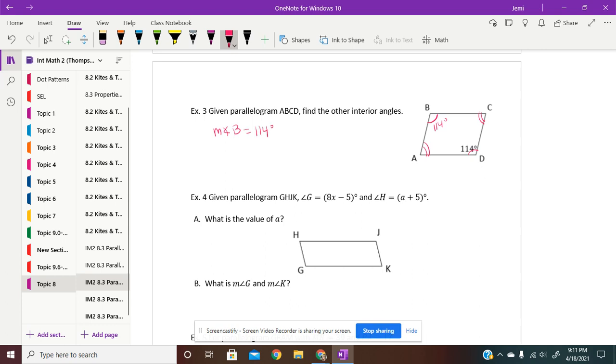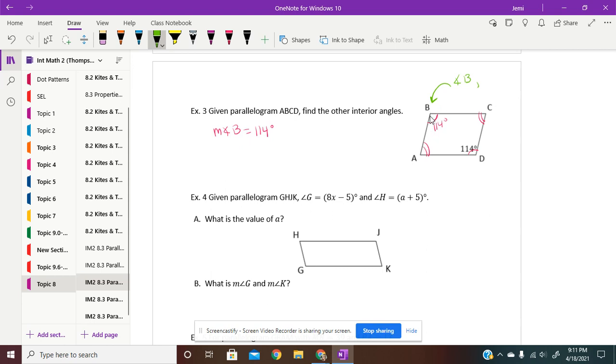Now I'm going to make a little sidebar here. This angle is angle B, but it can be named in different ways. In this case, this is the only angle at this letter. Sometimes we have to be more specific by using three letters to name an angle, and I just want to go over that. So I could also think about tracing this angle right here.